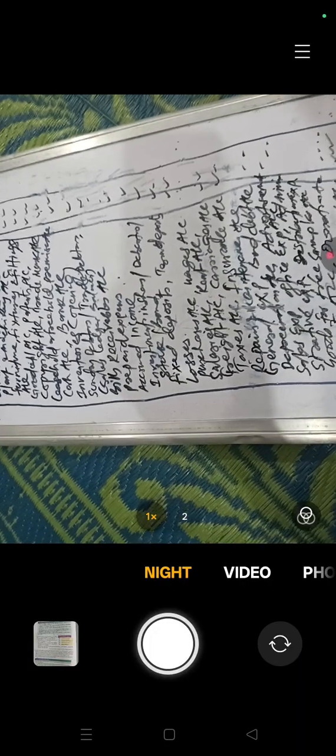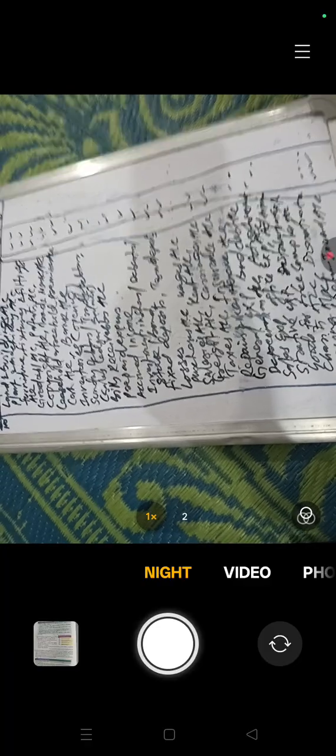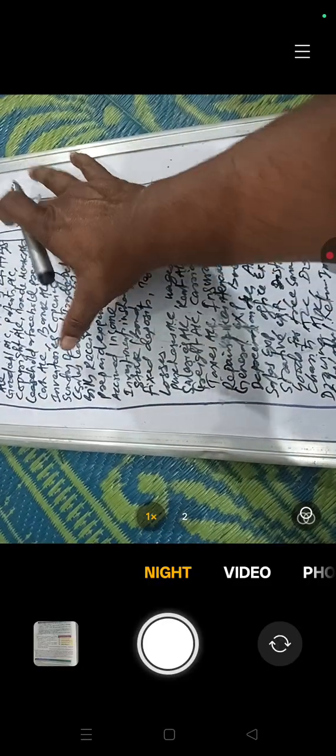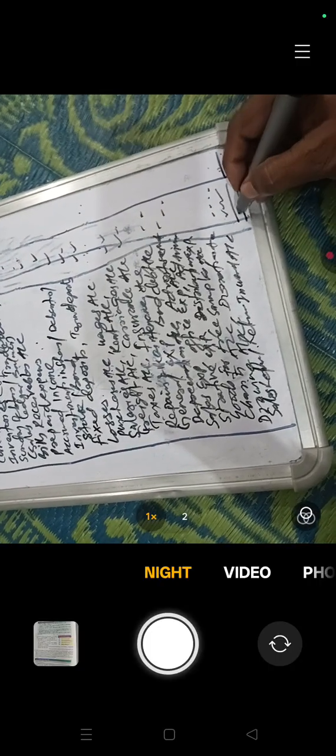And by carefully reading your theory books or study material and seeing this video, I hope you will be able to make trial balance in a much easier way. After putting all the items on the respective debit side and credit side, if we total both sides of the trial balance, if this side has a total of 1 million, then the other side will also have a total of 1 million.